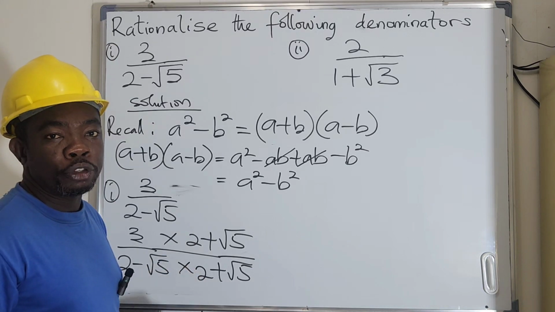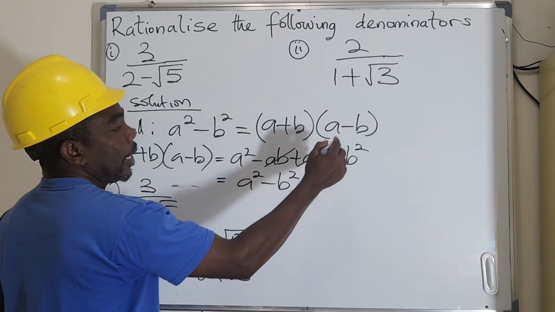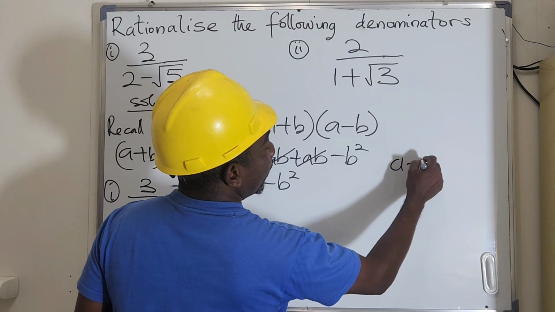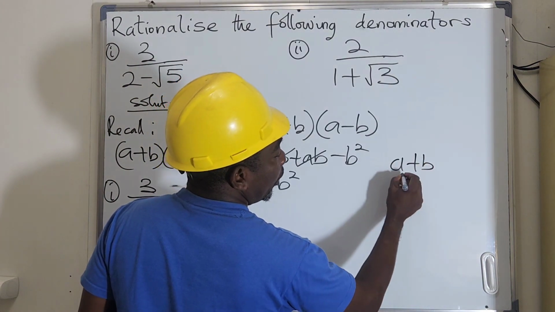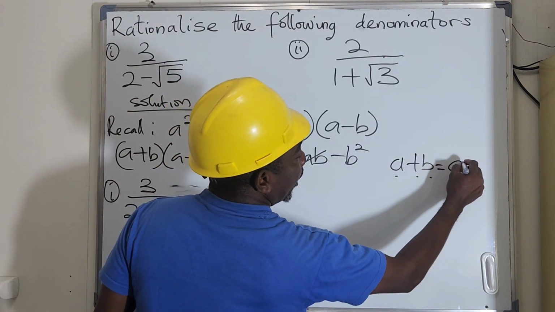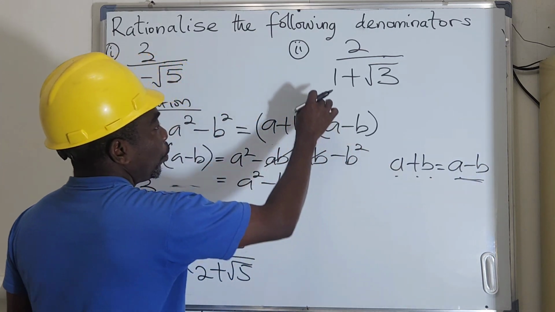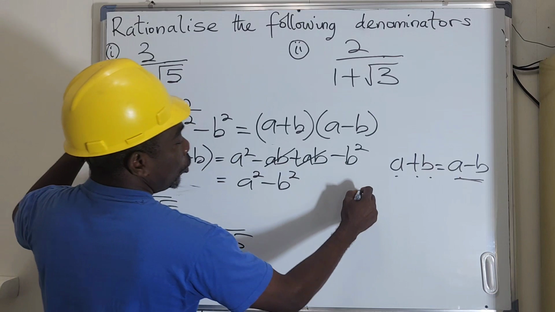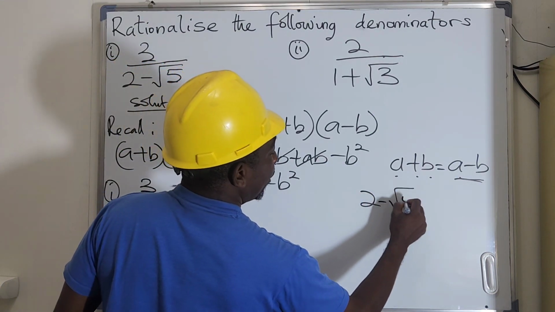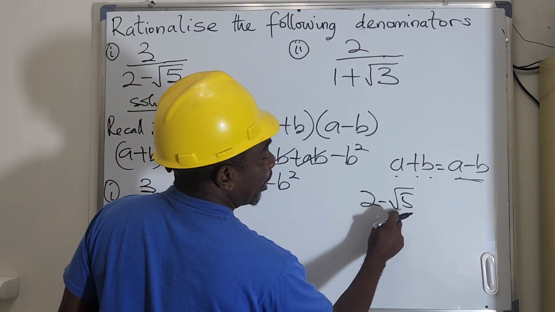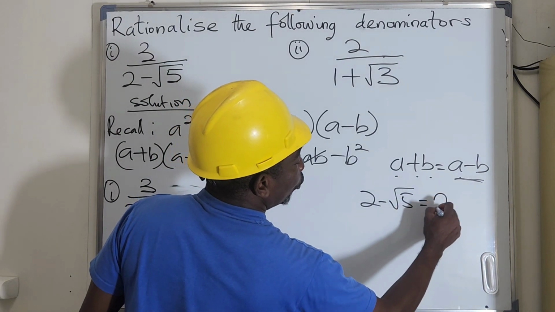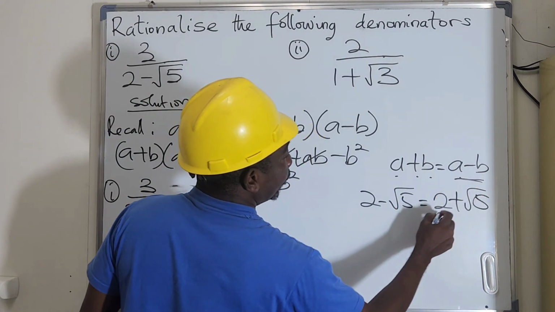What do we mean by a conjugate? A conjugate means that when we have a plus b, the conjugate of this a plus b equals a minus b. So when you have 2 minus root 5, the conjugate of this 2 minus root 5 equals 2 plus root 5.